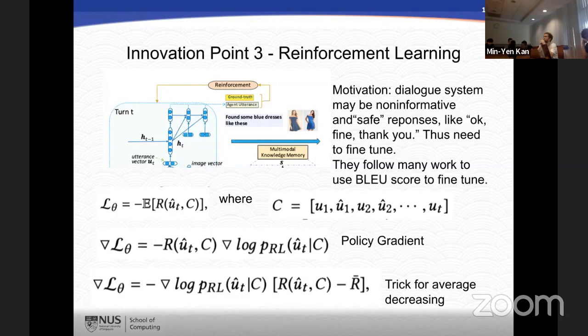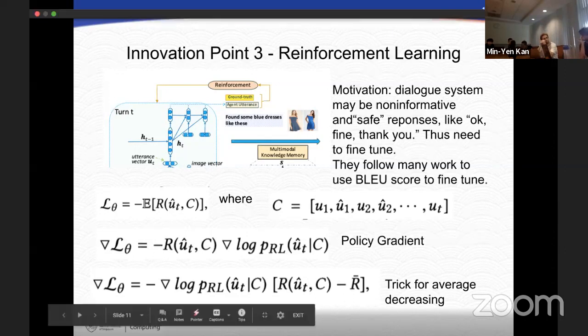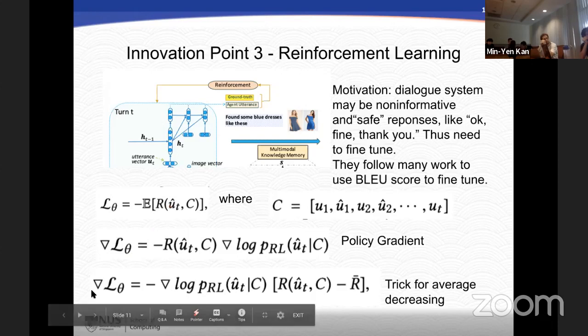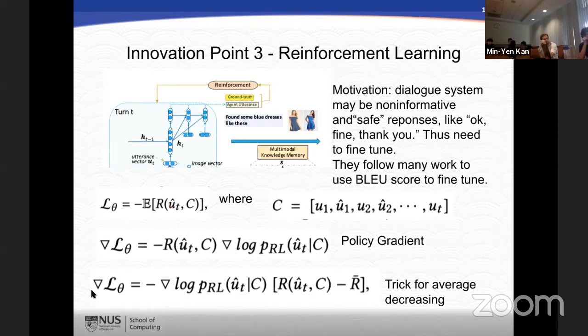So the problem Liangming was pointing out is that when your beam size is too large and it picks up all of these safe responses, those safe responses are okay, but they're not the best for any particular response. Because they show up in every n-best list, they become the best thing to do almost all the time, right? It's always good to say, yeah, I understand, whatever, good.